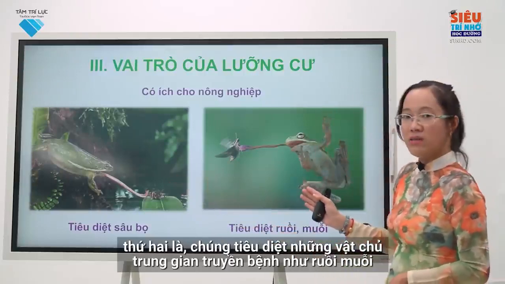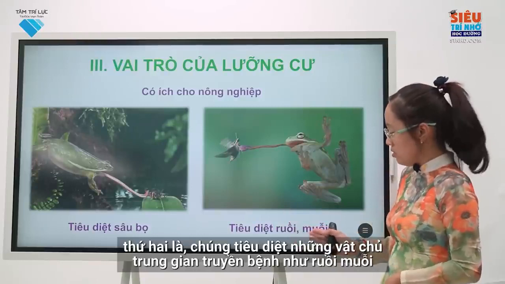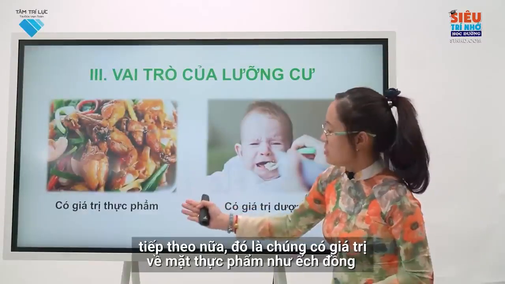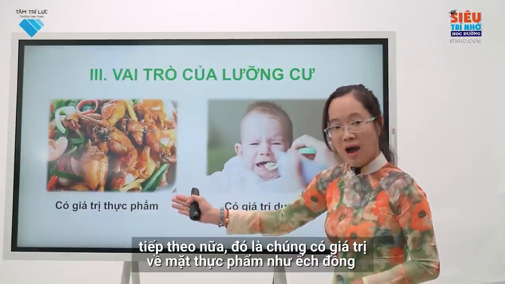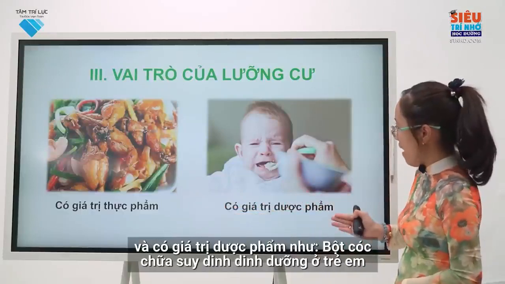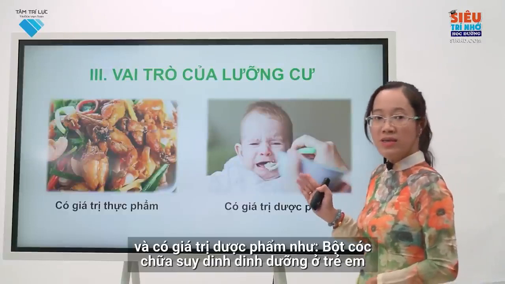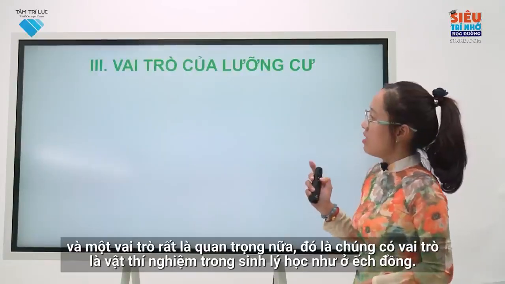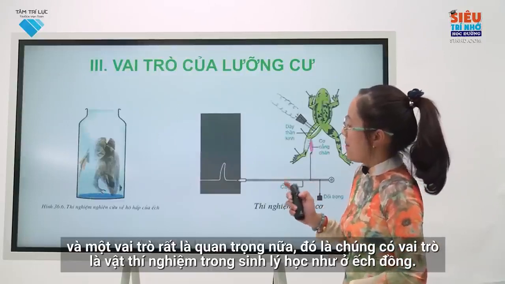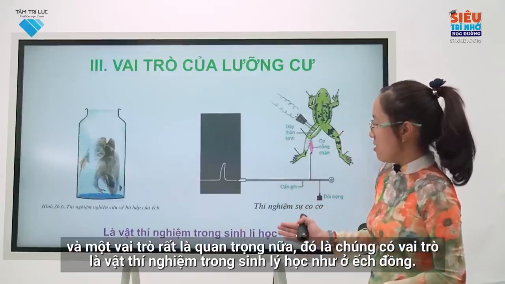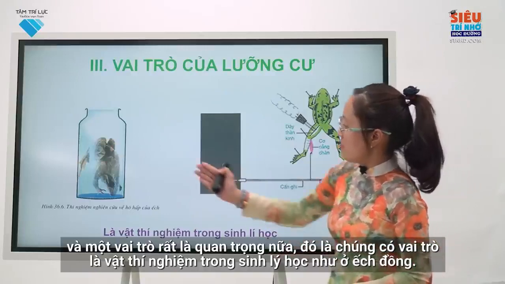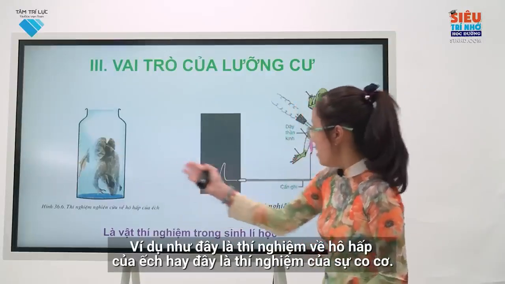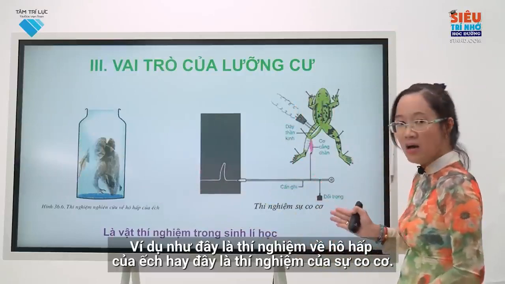Secondly, they destroy vectors of disease transmission such as flies and mosquitoes. They also have food value, such as East Asian bullfrogs, and medicinal value, such as toad powder to treat malnutrition in children. Another very important role is that they act as experimental subjects in biology, like the field frog. For example, a frog breathing experiment or a muscle contraction experiment.